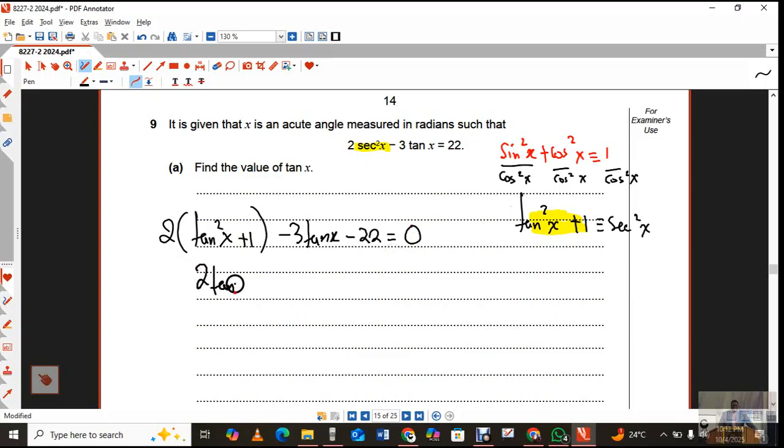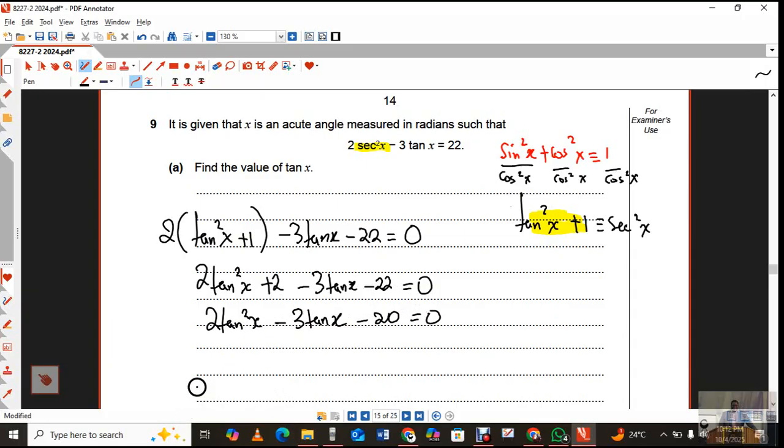It's 2 tan square x plus 2 minus 3 tan x minus 22 is equal to 0. It's 2 tan square x minus 3 tan x minus 20, that is 2 minus 22.